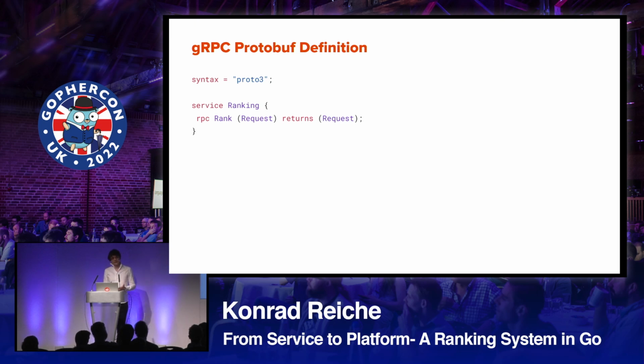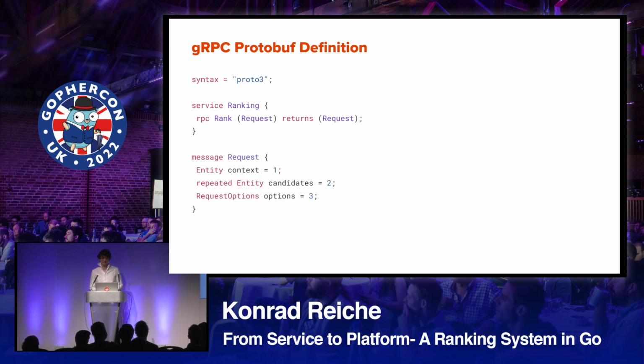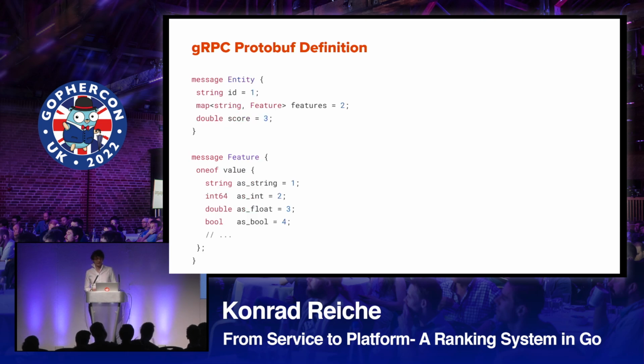Our ranking service is defined in gRPC, exposing exactly one method, rank. And request is defined in exactly the way we just saw. What's nice here is that for features, we use protobuf's oneof semantic, which allows us to encode a fixed set of types into the same field, but only one can be set.